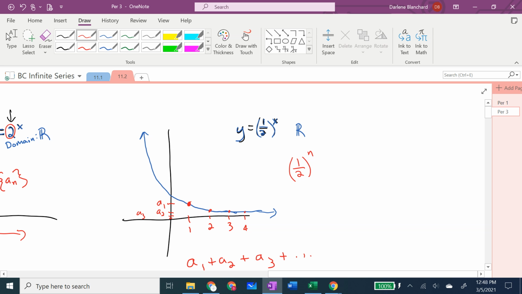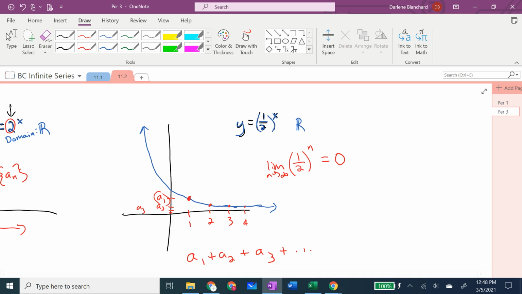The terms themselves, just r to the n by itself, do you see that the value is heading to 0?